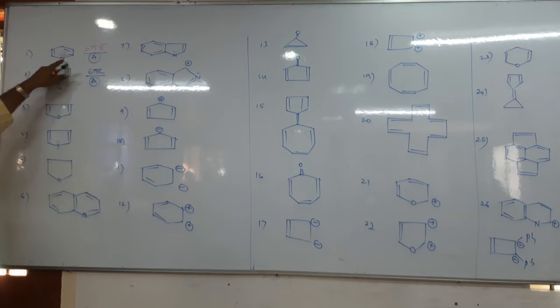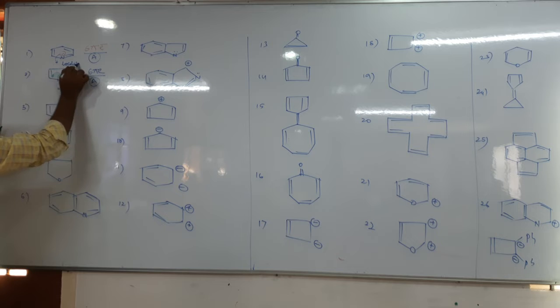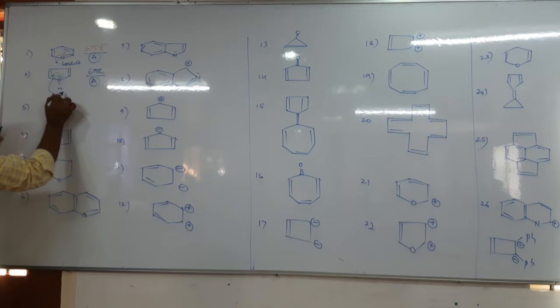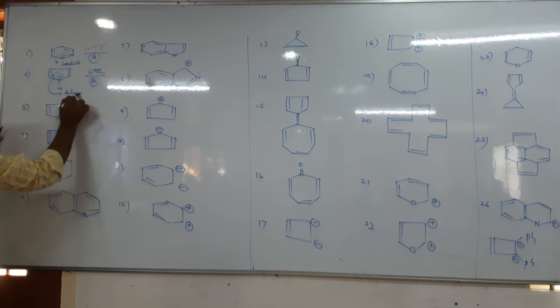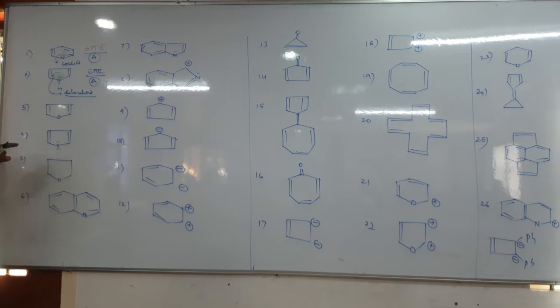Both have nitrogen, but in pyridine the lone pair is localized, while in pyrrole the lone pair is delocalized. So now there was a question: among pyridine and pyrrole, which is more basic?